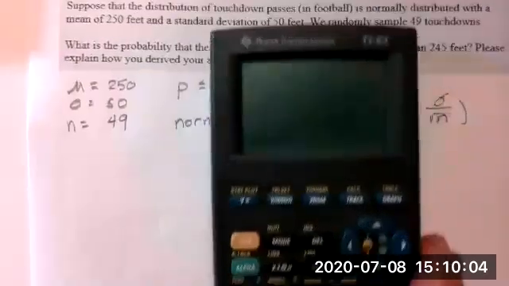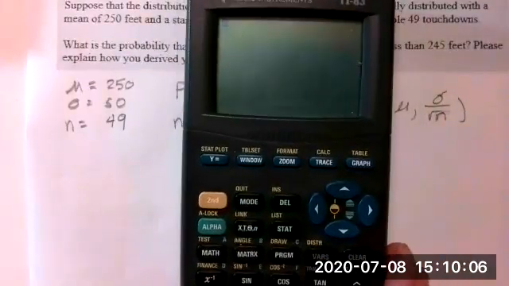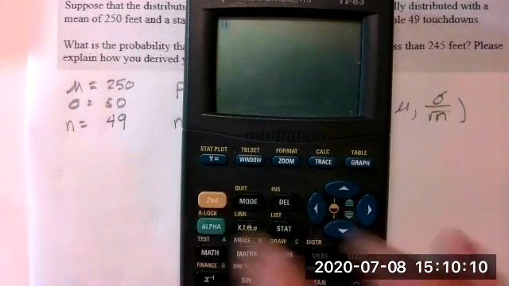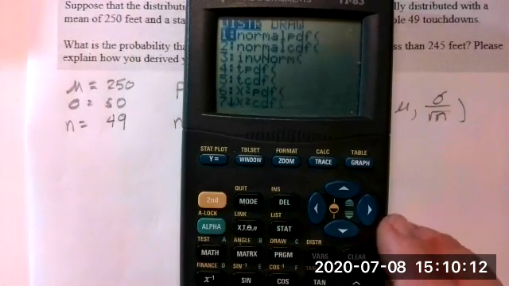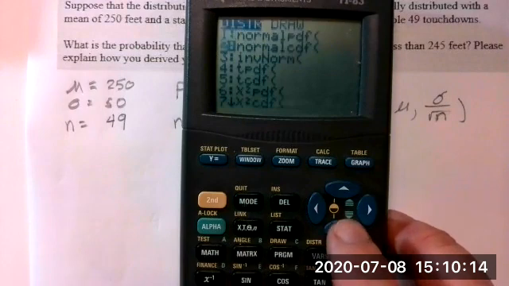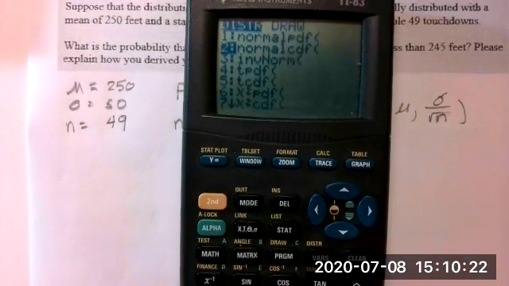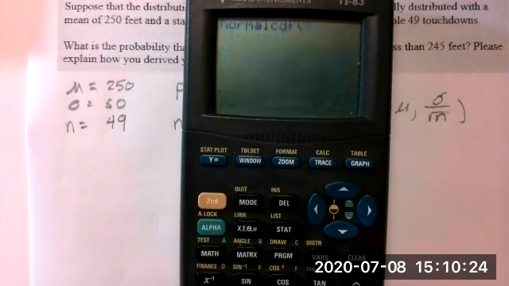On the TI-83, I'm going to go to second distribution, and I'm going to do a normal CDF, and I'm going to put in my 4 values.